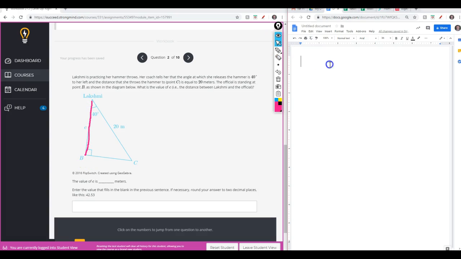And like I had said earlier, there are 2 tools you can use when you have a right triangle. You can use the Pythagorean theorem.